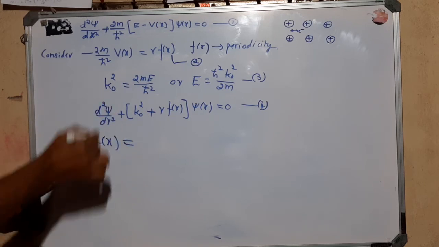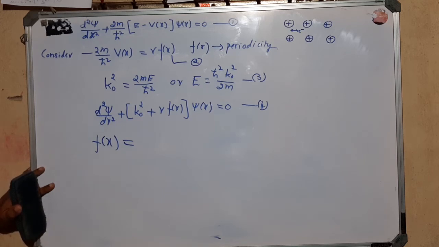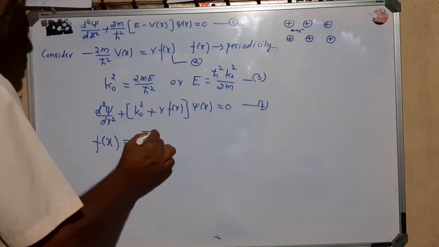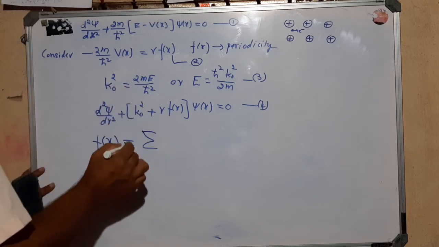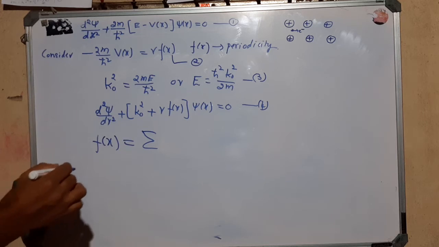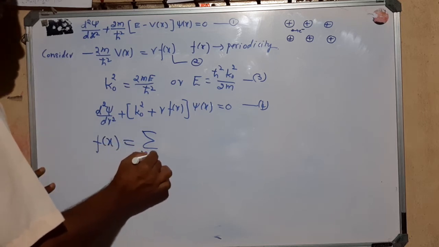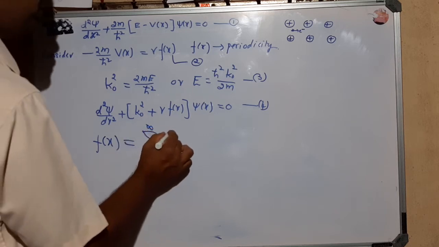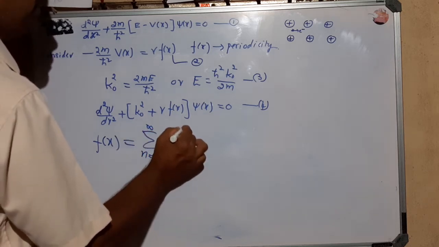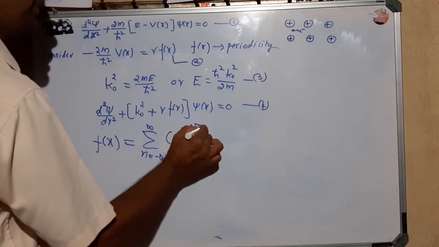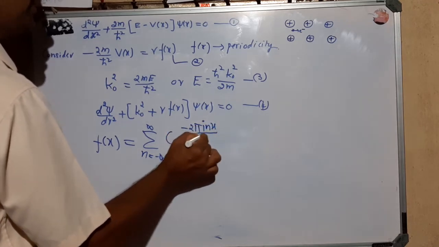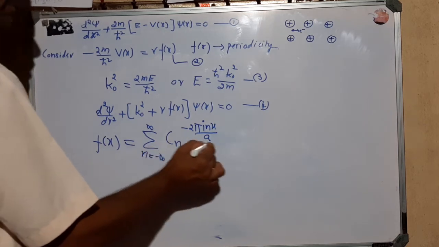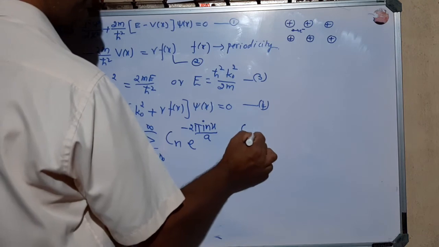It is the standard form of Fourier series. You have studied this in electronics in the last semester. f(x) = Σ from n = −∞ to +∞ of Cn e^(−2πinx/a), where Cn is the Fourier coefficient.